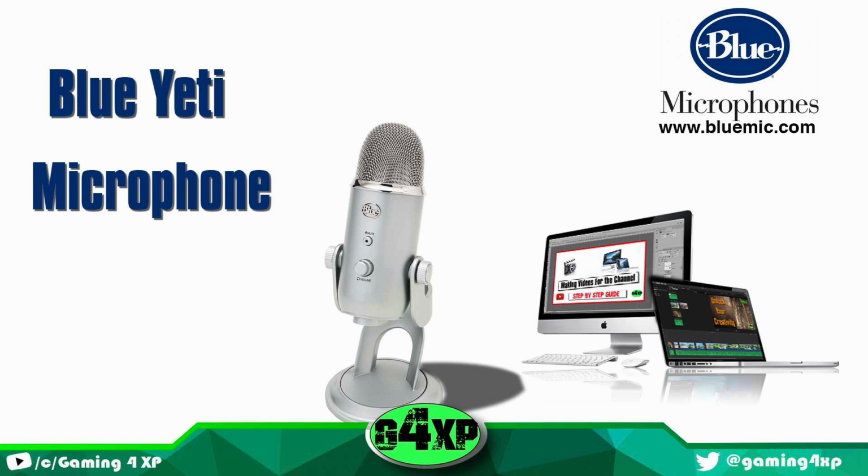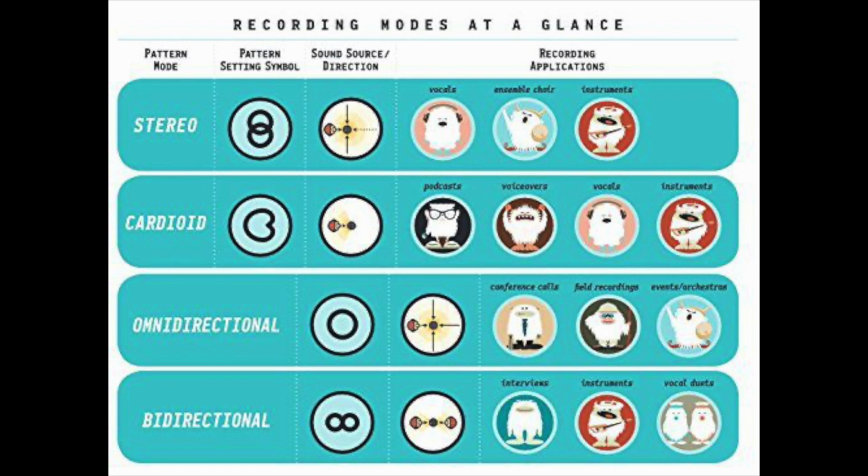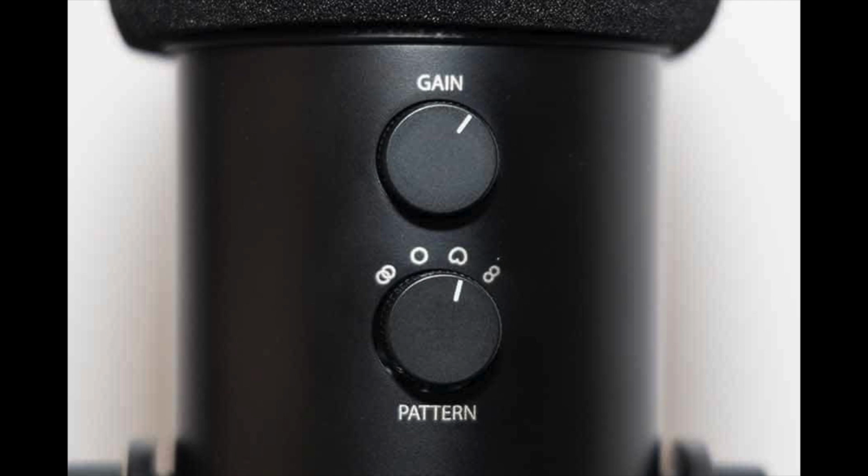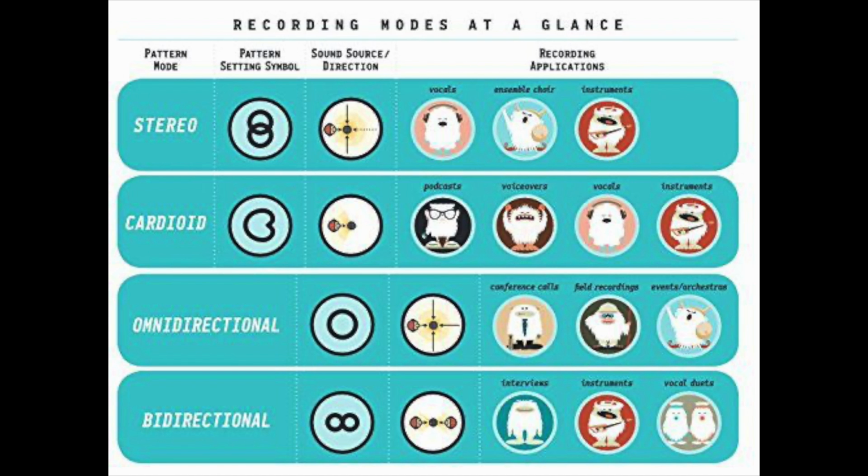I'm going to give you a few examples with the Blue Yeti now, just so it makes a little bit more sense for you. So on the Blue Yeti microphone, there's 4 different settings, and there's a little button on the back of the mic that you can use to adjust this.